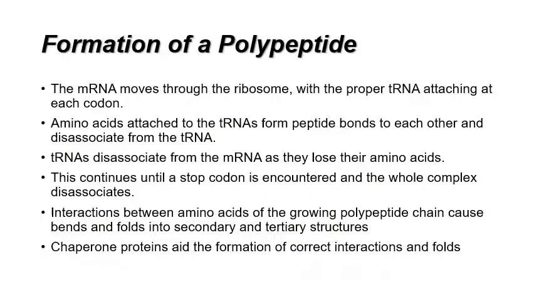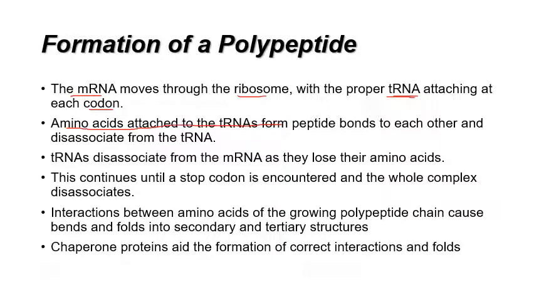So this just shows, written out, the different steps involved that we just talked about. First, the messenger RNA goes to the ribosome, and the tRNA attaches to the codon because the tRNA has that anticodon. Right? It will start first at the start codon. The amino acids are attached to the tRNAs and form the peptide bonds.